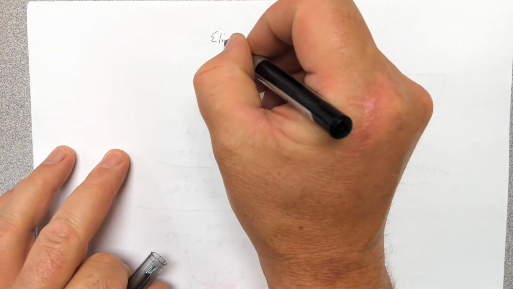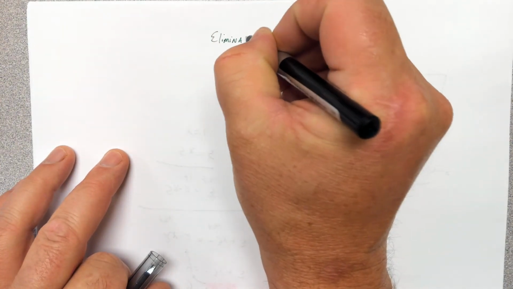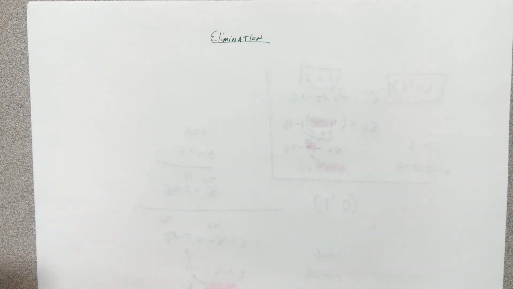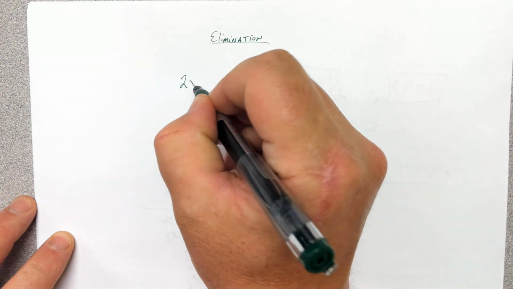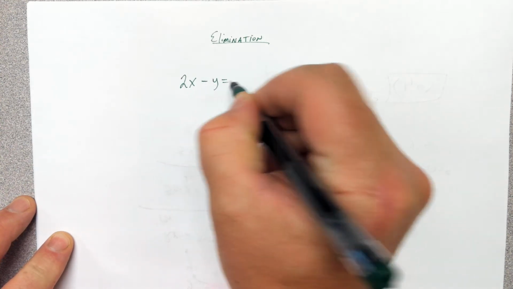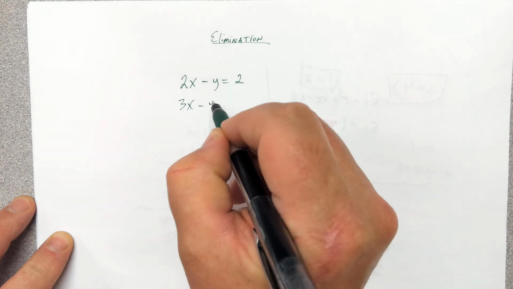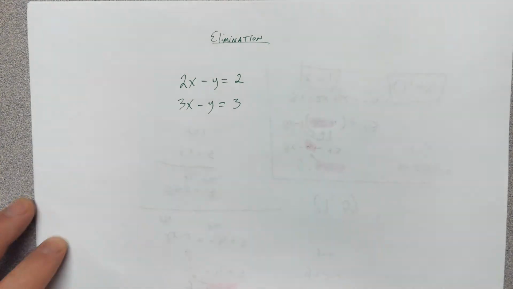Alright, so now, elimination. We're going to do the same problem. 2x minus y equals 2, and then 3x minus y equals 3.